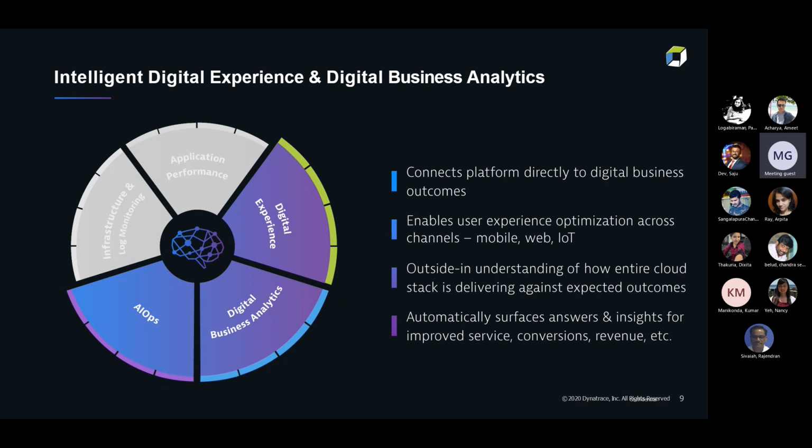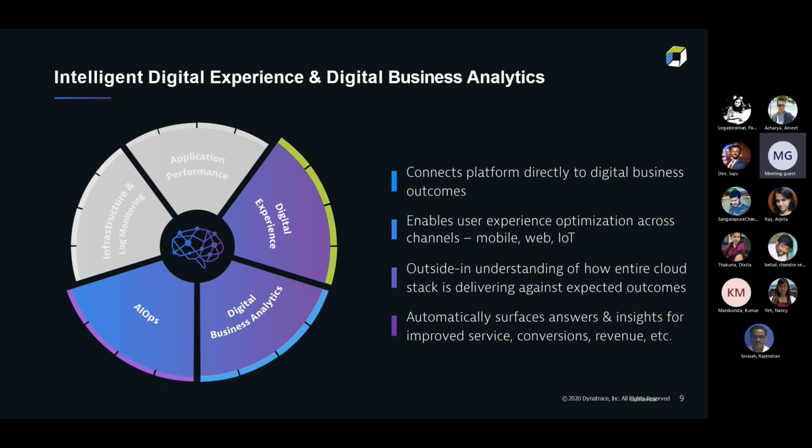These three things you can combine together, where Dynatrace enables user experience optimization across channels, whether the experience for the mobile user, the website user, or the IoT device users is consistent across geography in spite of multiple ISPs, multiple devices, and multiple browsers. All these things you can get done with the help of Dynatrace.